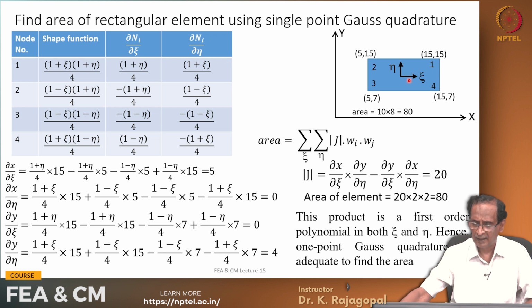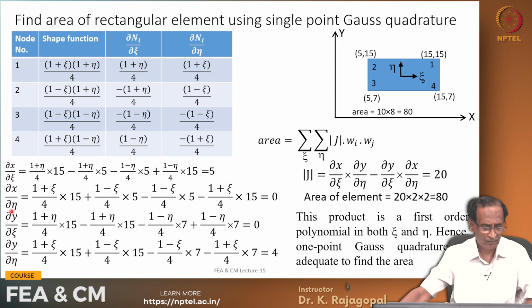So xi is coinciding with the x coordinate and eta is coinciding with the y coordinate. As you are moving along the x axis, eta remains constant. Similarly, if you are moving along y, xi remains constant. Or as you are moving along xi, your y is constant, and as you are moving along x, eta is constant.